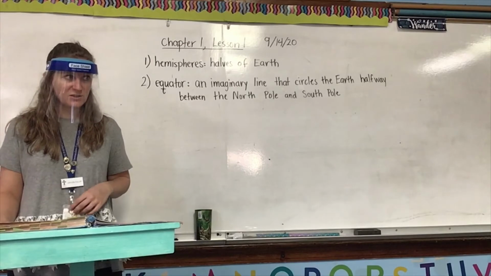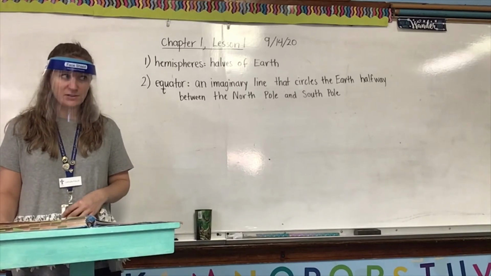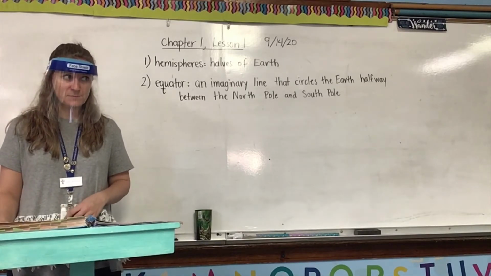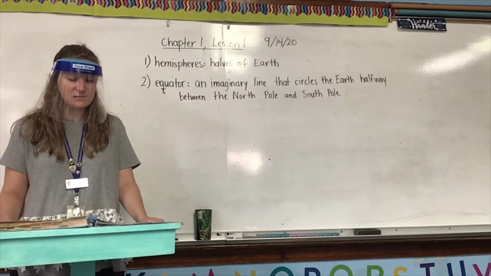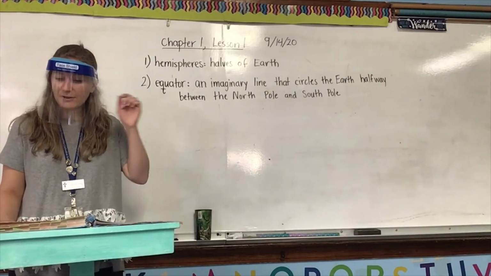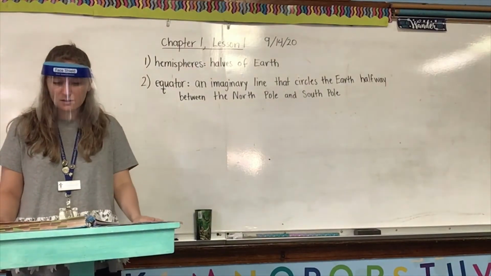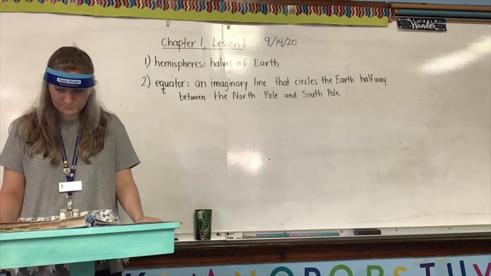Find another imaginary line. You're not even looking at the right part of the book. We finished that column a long time ago. Another imaginary line. Louder. Another imaginary line called the prime meridian.